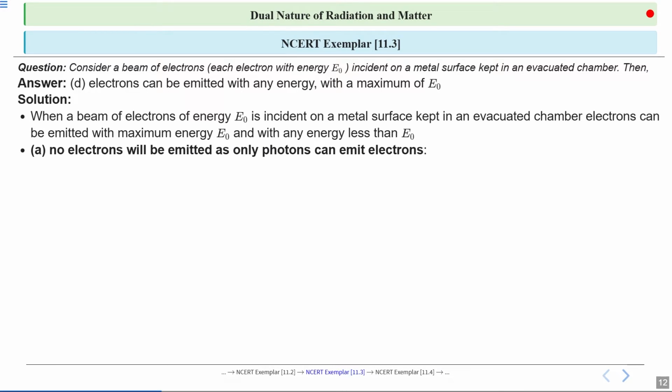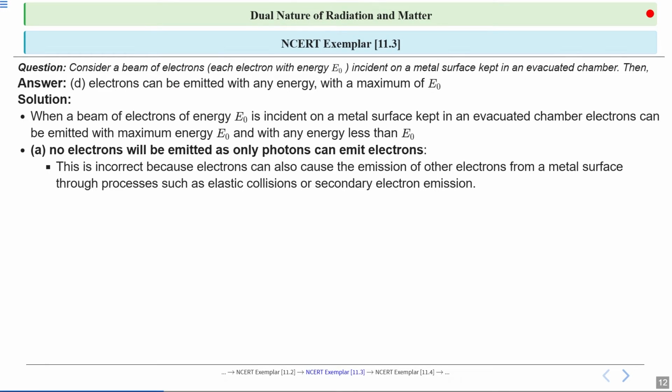Now let's consider option A from the question. No electrons will be emitted as only photons can emit electrons. This statement is incorrect. Why is this incorrect? Because when an incoming electron collides with the metal, it can transfer enough energy to knock out another electron.